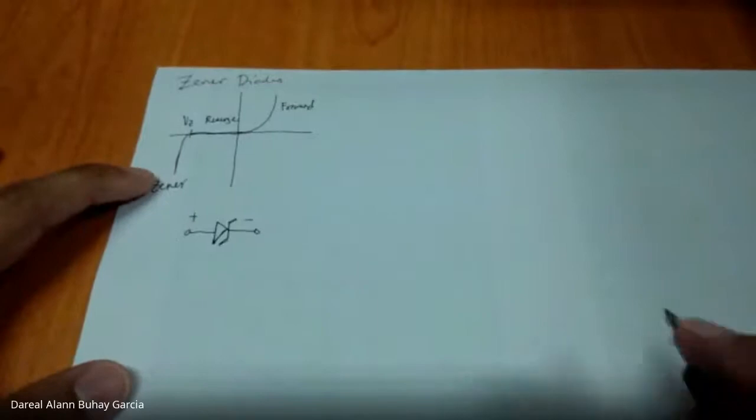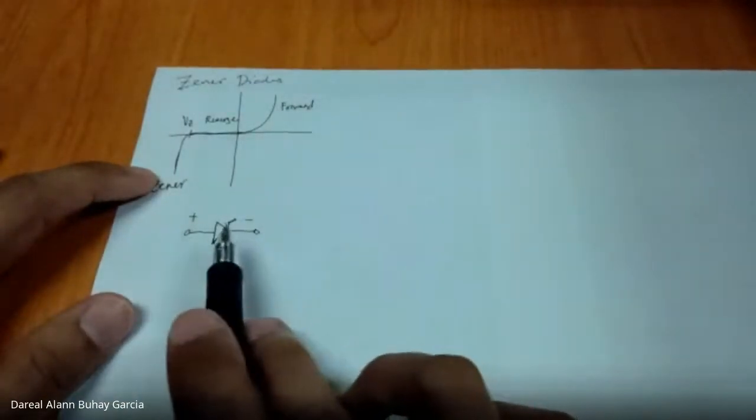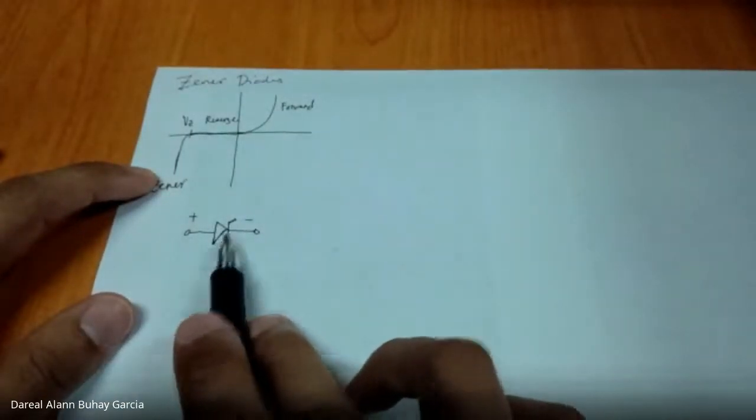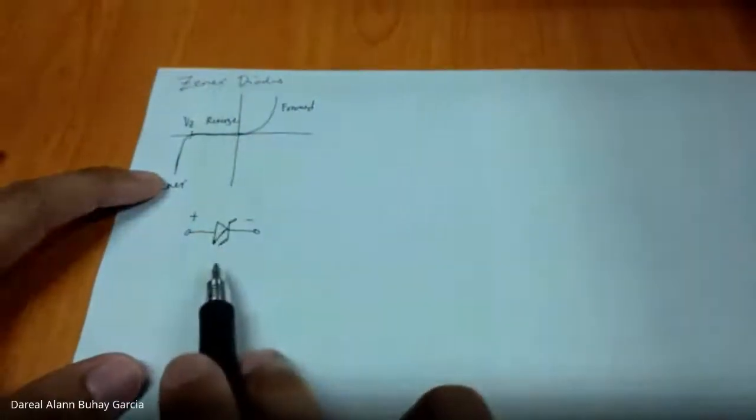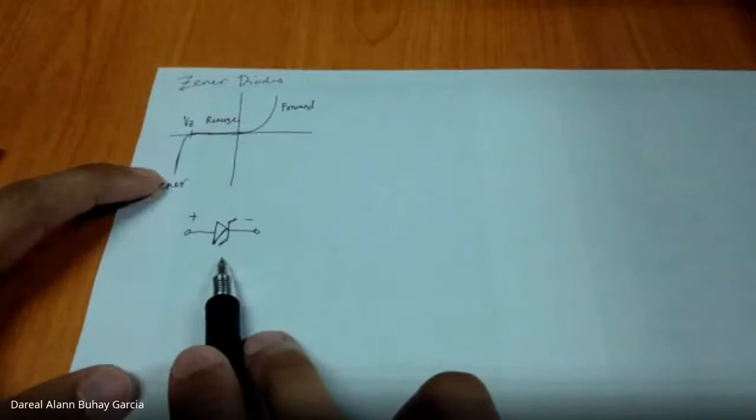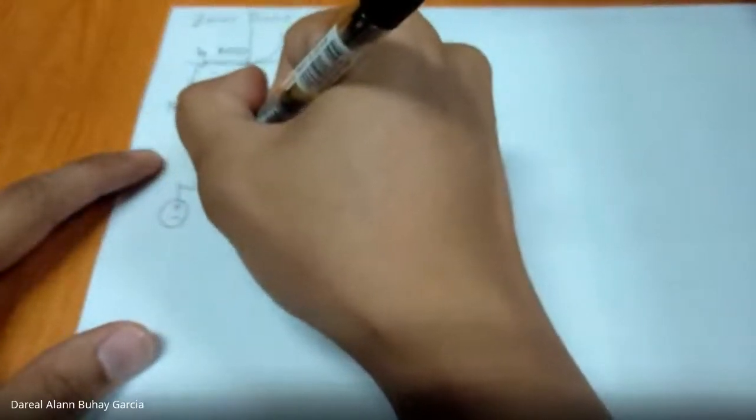Okay? Now, if we operate the Zener diode in forward bias mode, it will work just the same way as a regular silicon diode, no? So for example, in a simple series circuit, the same as what we did previously.